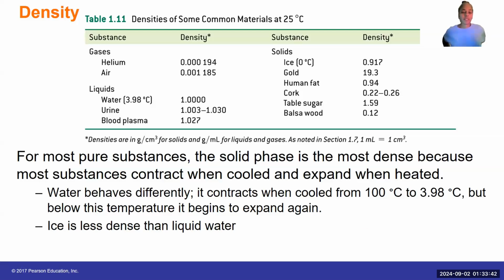Water behaves differently, in that when it's cooled, it contracts until it begins to freeze. And once water begins to freeze, it actually starts to expand again. And because of this, ice is less dense than liquid water, which is why it floats on a glass of ice water.